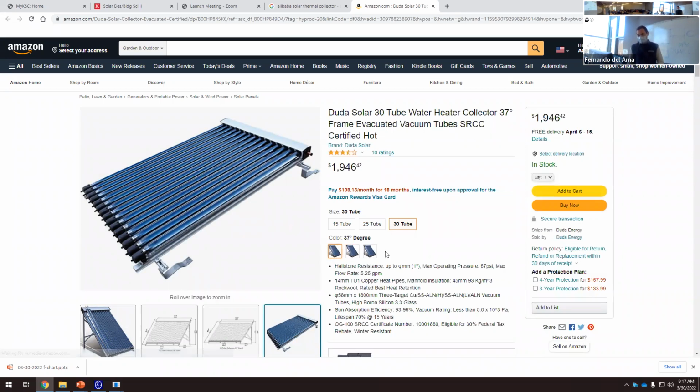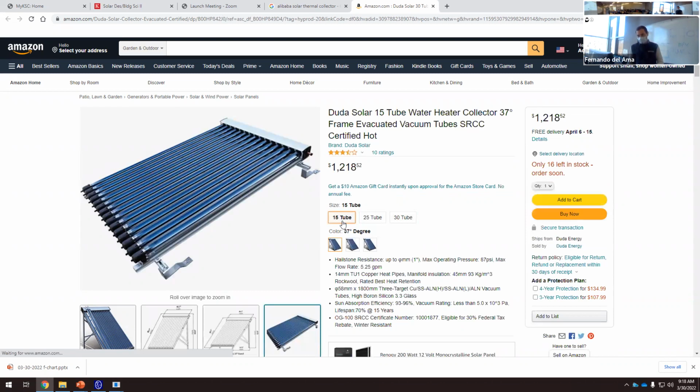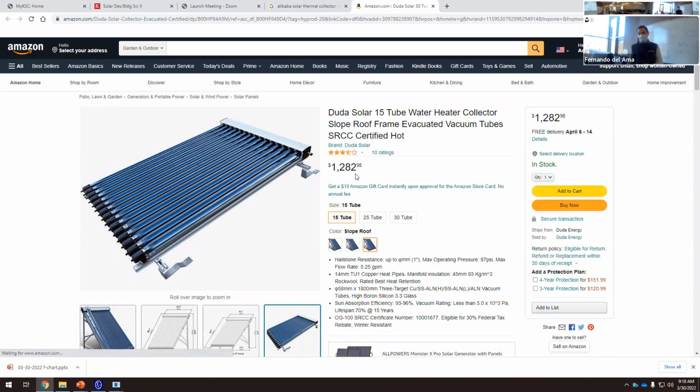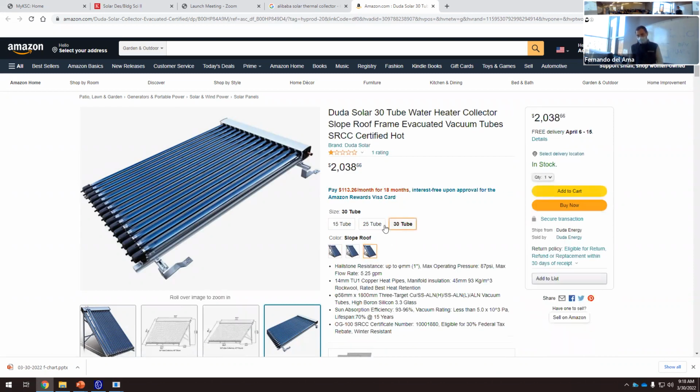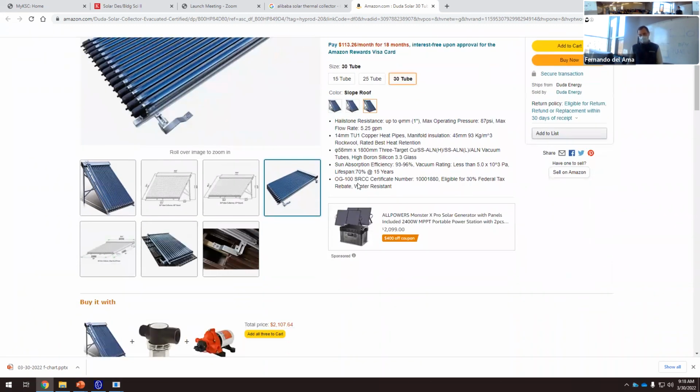If we have 15, the price is only 1,200. If we have 30, we have 2,000. So that's the price.